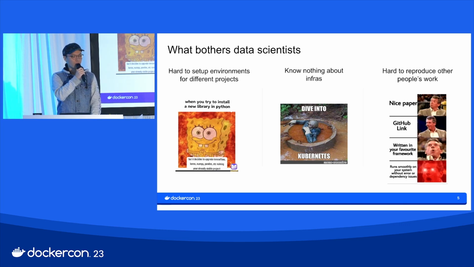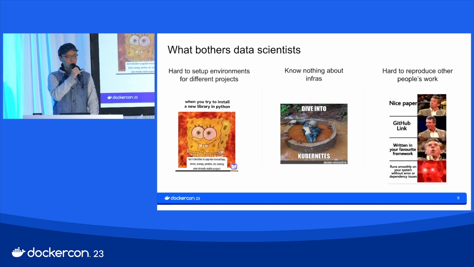The data scientist doesn't know what's actually in the environment, and for a team, they do not know: is this image safe, or is there any security problem inside it?